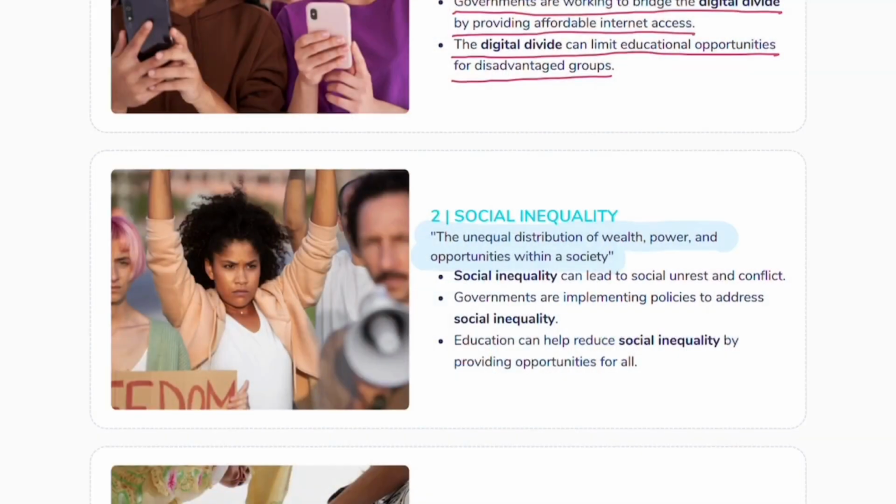Now let's take a look at the example sentences using this term. Our first one. Social inequality can lead to social unrest and conflict. Number 2, governments are implementing policies to address social inequality. And finally, education can help reduce social inequality by providing opportunities for all.